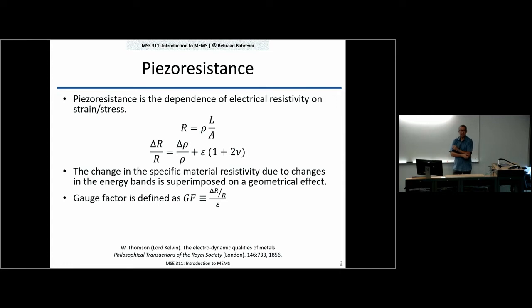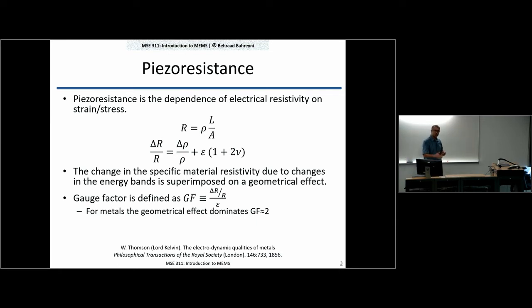And we define a gauge factor as shown here. So gauge factor is the change in resistance normalized with its initial value divided by strain. You can think about it as the sensitivity of the normalized resistance to strain. Now, what happens next is that for metals, normally in most situations, the electrical resistivity doesn't change that much.